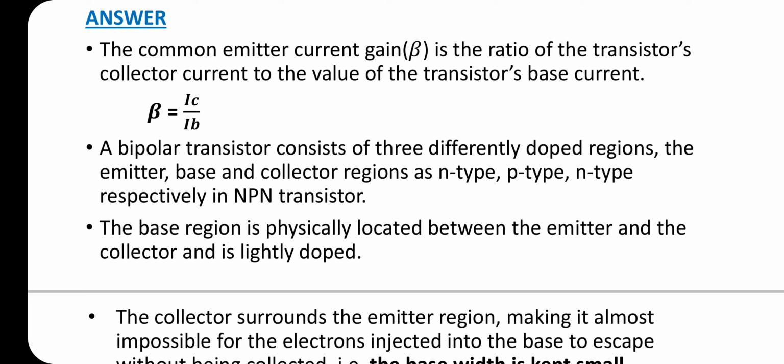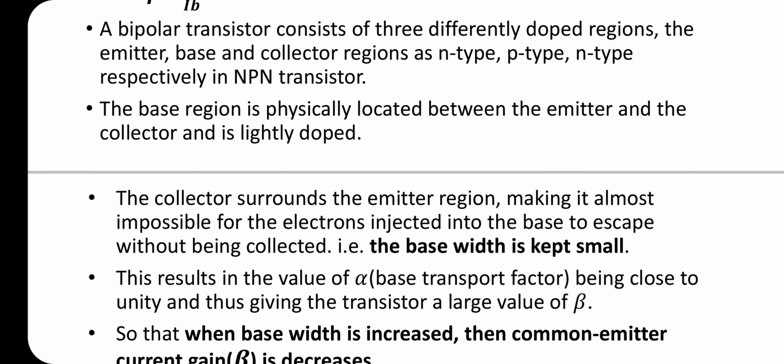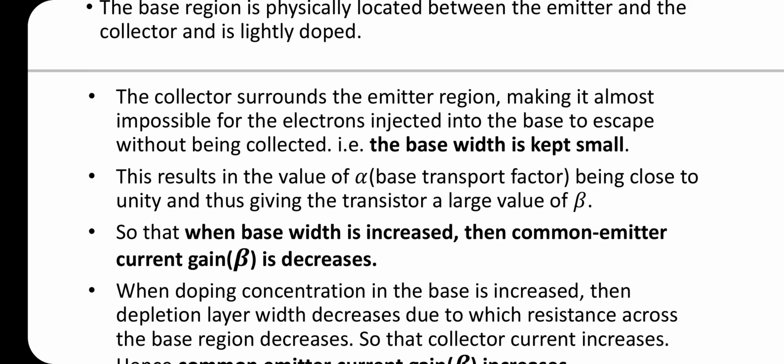A bipolar transistor consists of three differently doped regions. The emitter, base and collector regions are N-type, P-type and N-type respectively in an NPN transistor. The base region is physically located between the emitter and the collector and is lightly doped.